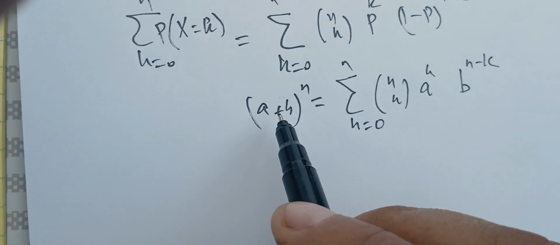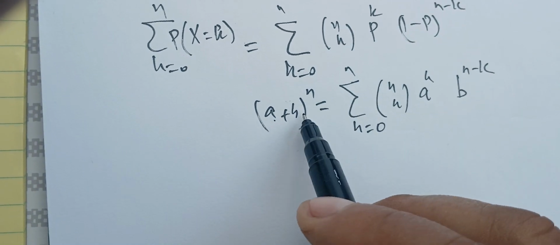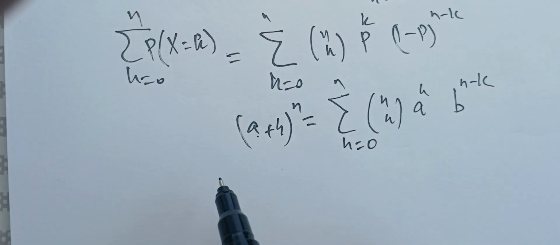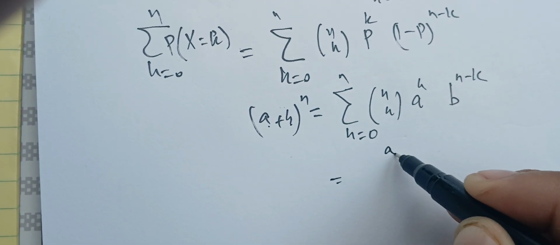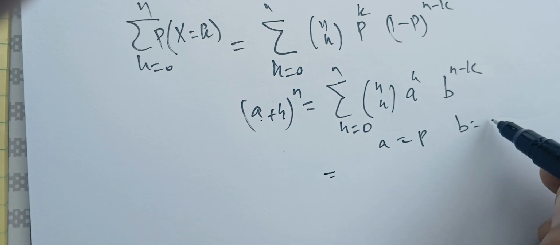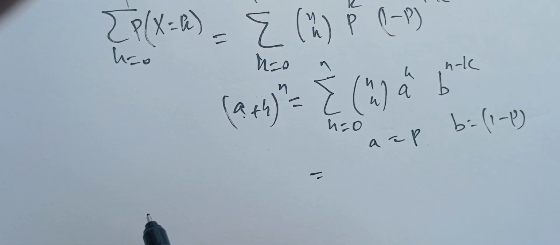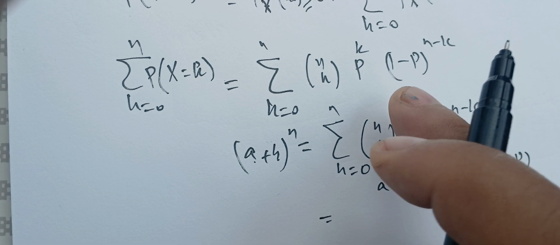Here we're going to use a as p and b as 1 minus p. So doing so, we have this expression here.